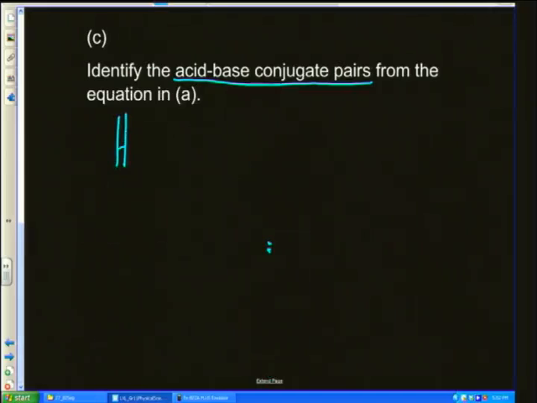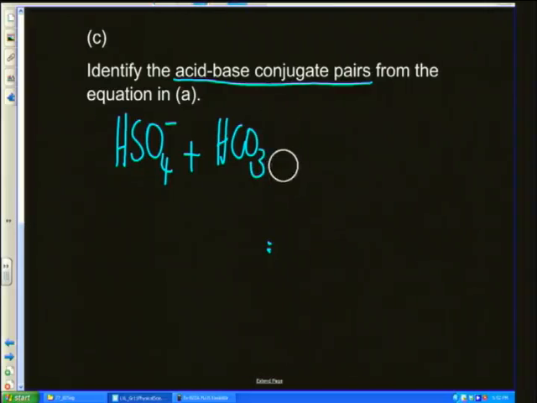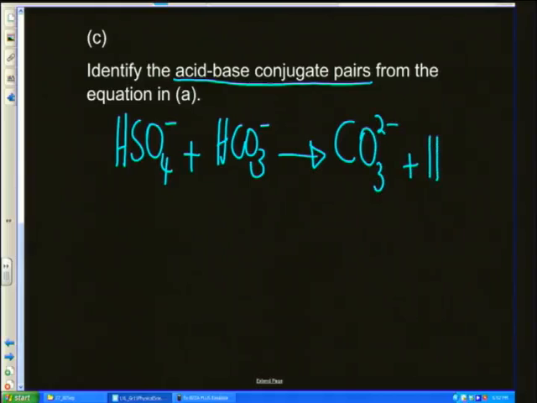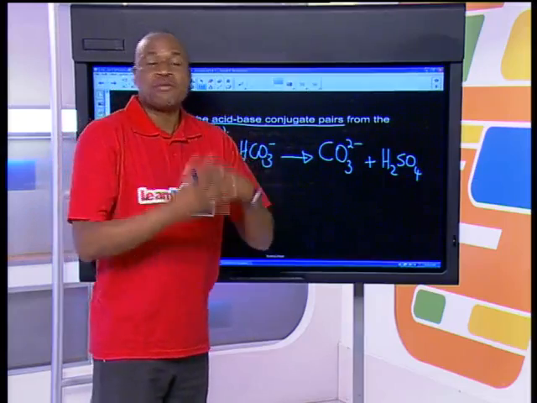We have the bisulfate ion reacting with the bicarbonate ion, and what we are producing is a carbonate ion plus sulfuric acid, H2SO4.